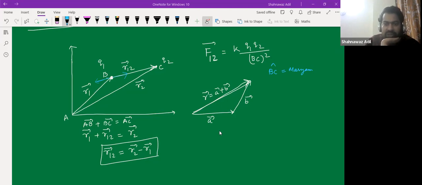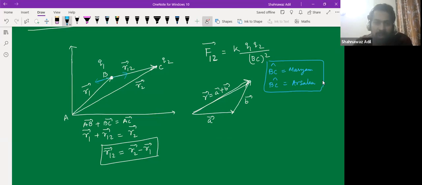There are two options, binary: BC hat, CB hat. BC hat, okay, same answer.